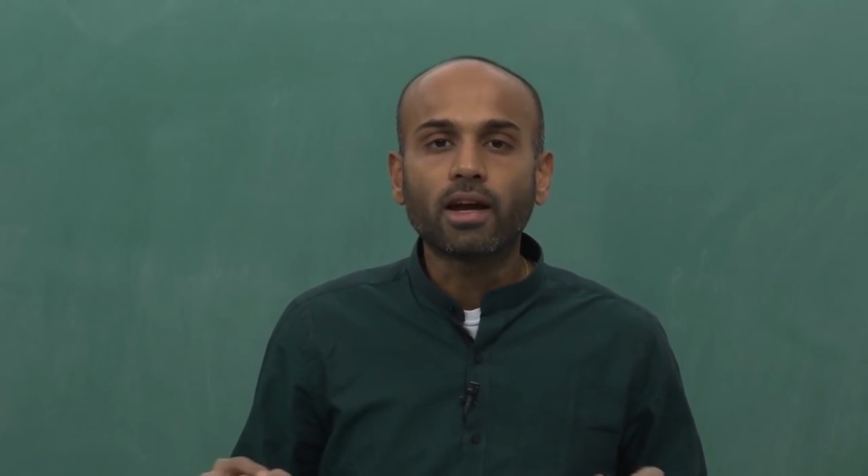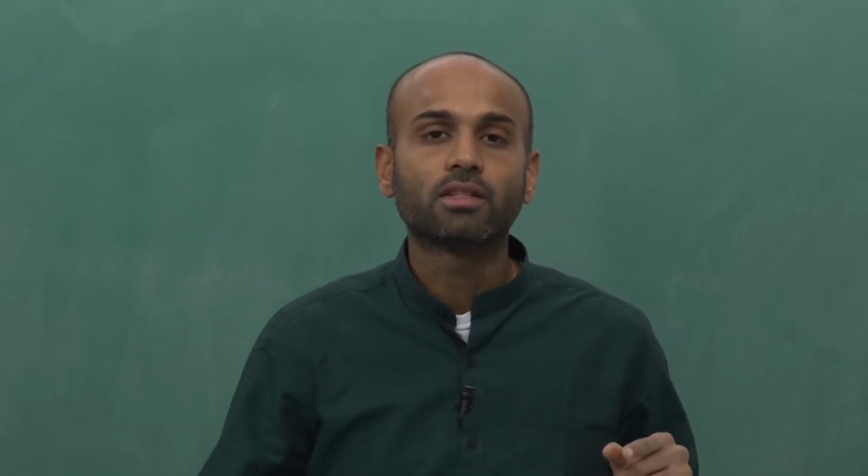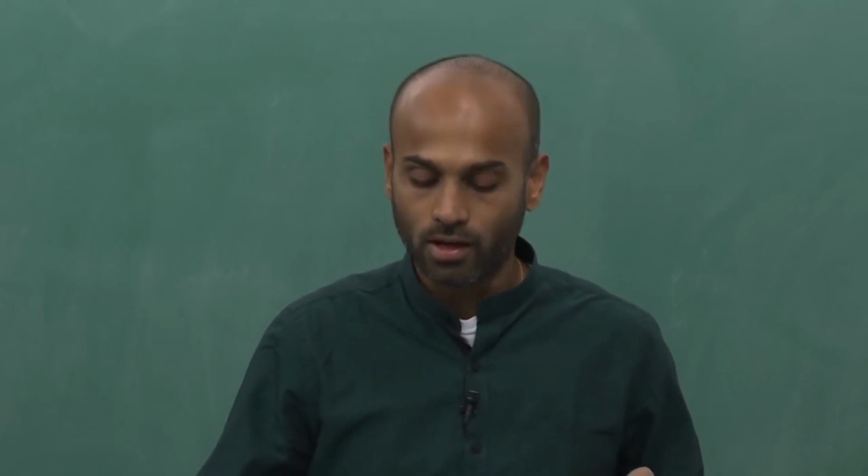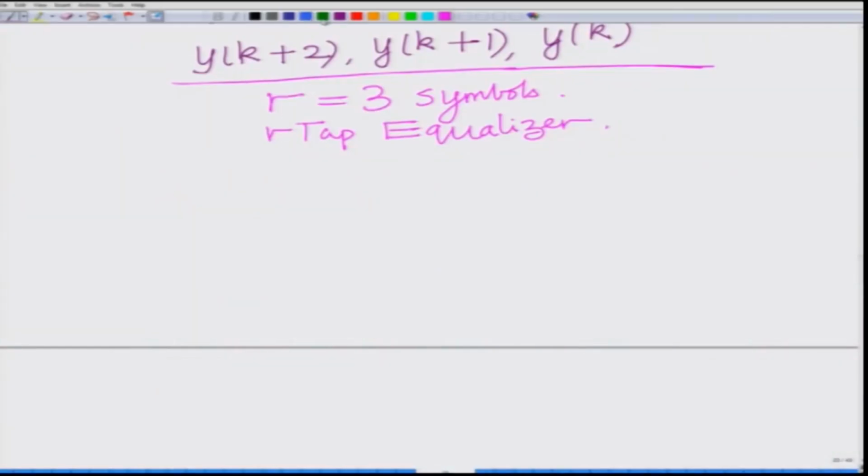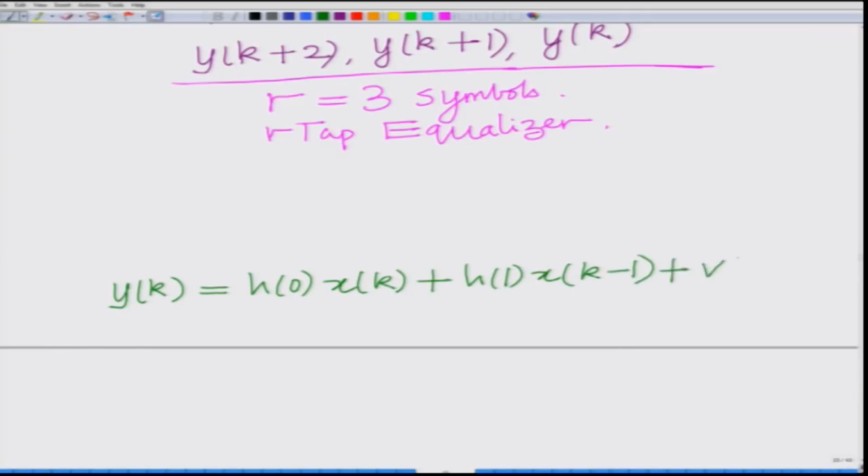So, first let us write the system model for these 3 symbols yk plus 2, yk plus 1, yk. You can see that yk equals h0 xk plus h1 xk minus 1 plus vk.